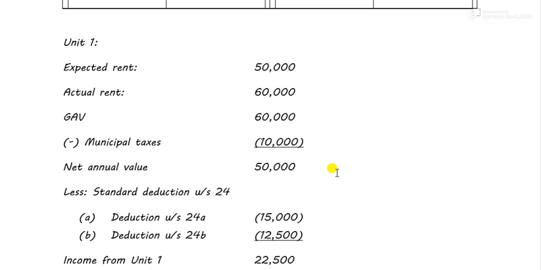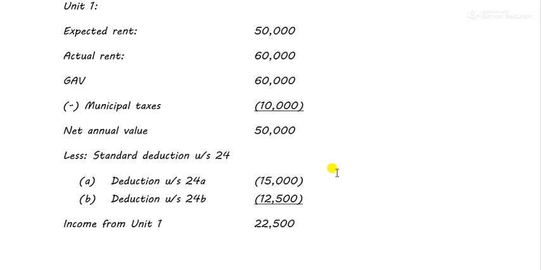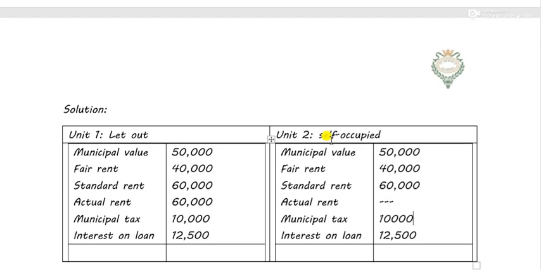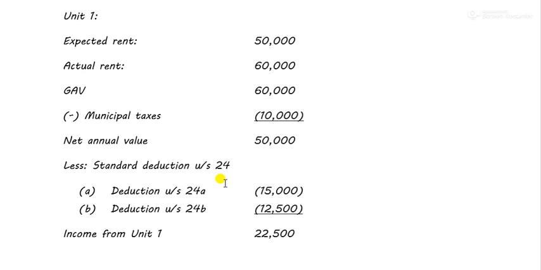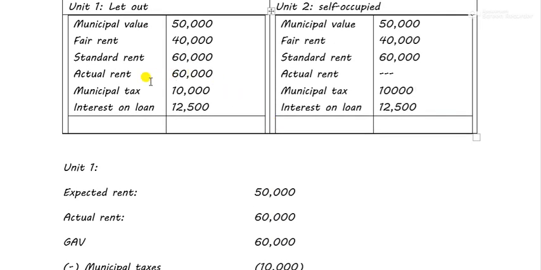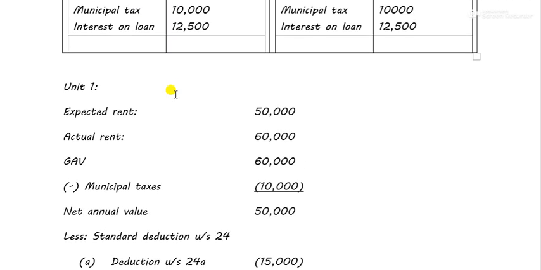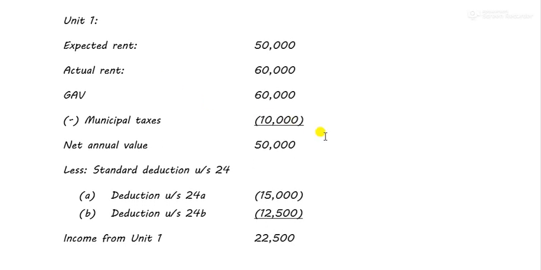Now coming to the sums, for unit 1 expected rent is 50,000, because of the information: fair rent 40 and municipal value 50, so 50; standard rent 60, lower of the two, 50. So expected rent is 50,000, actual rent is 60,000. GAV is actual rent or expected rent, whichever is higher, so 60,000 is my GAV. Less municipal taxes of 10,000 given from the table, so the net annual value is 50,000.